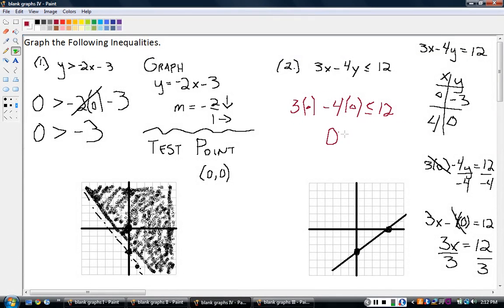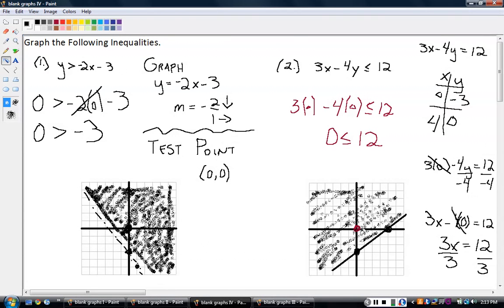So again, I end up with a true statement. 0 is less than or equal to 12. So I know that this point is part of my solution set, which means everything else on that side is also part of my solution set. So I graph everything on this side. And that's it. It's basically just a couple more steps than graphing the line.